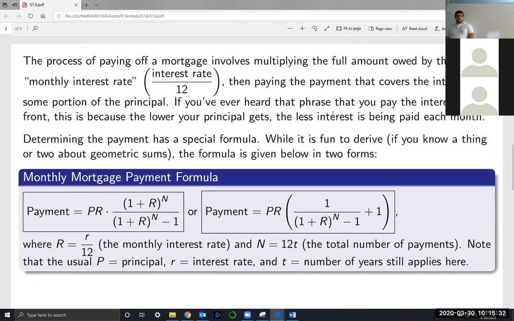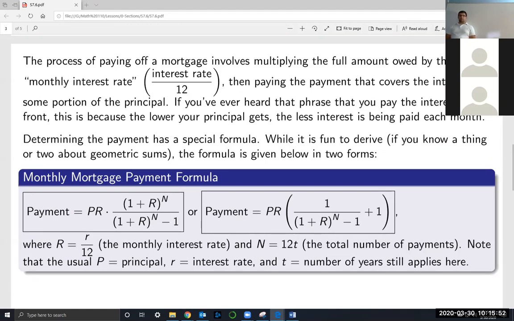The process of paying off a mortgage involves multiplying the full amount owed by the monthly interest rate, then paying a payment that covers the interest and some portion of the principal.